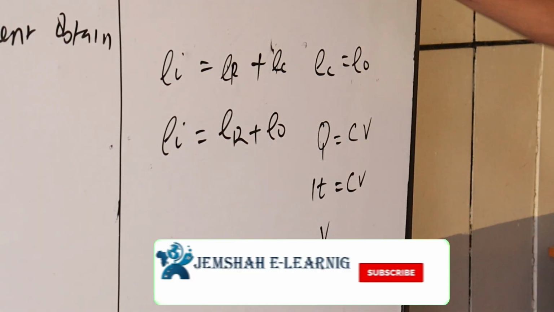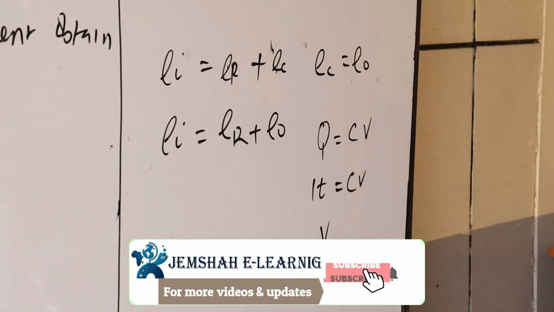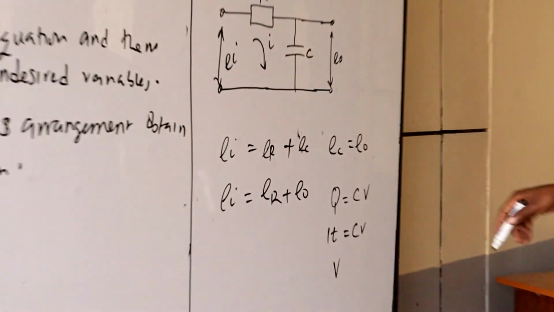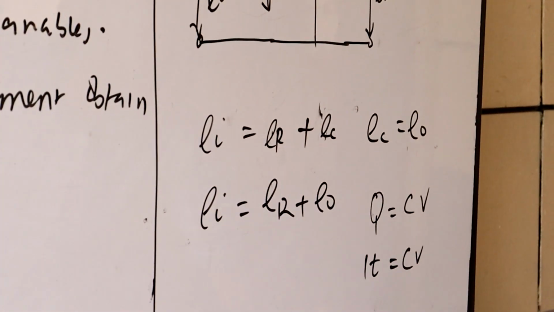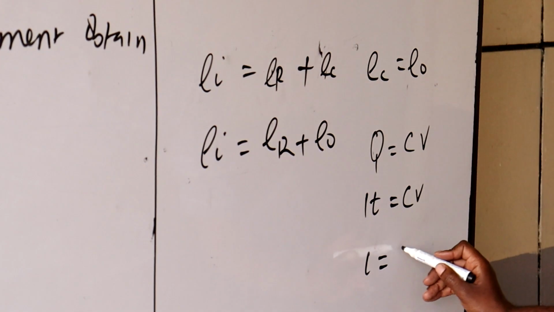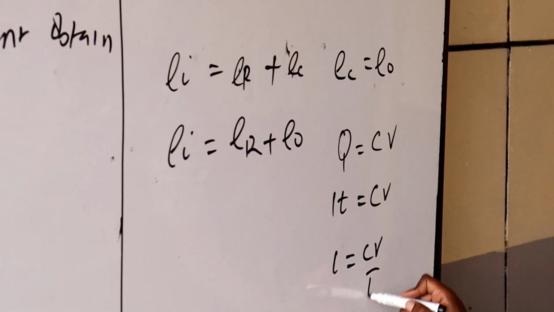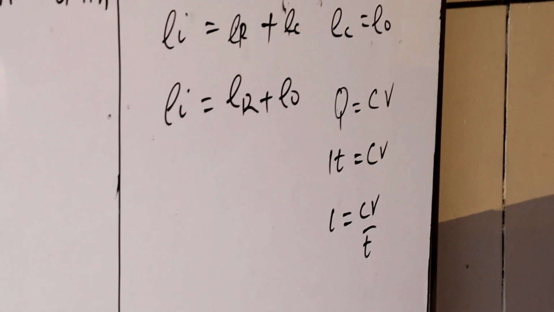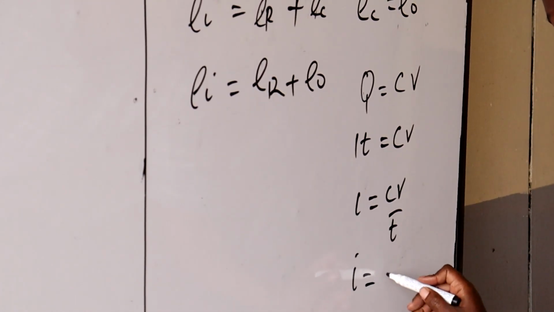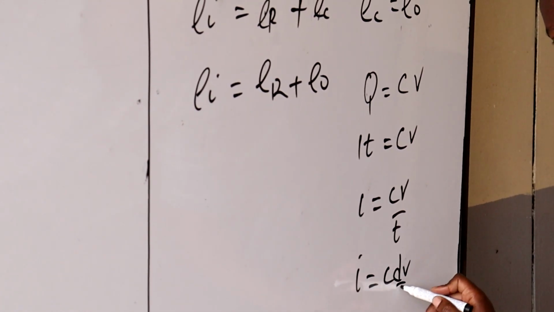We want to express I because I is common to all of them, so we make I the subject of the formula. I is equal to C dV over dt, where the only constant is the capacitance.